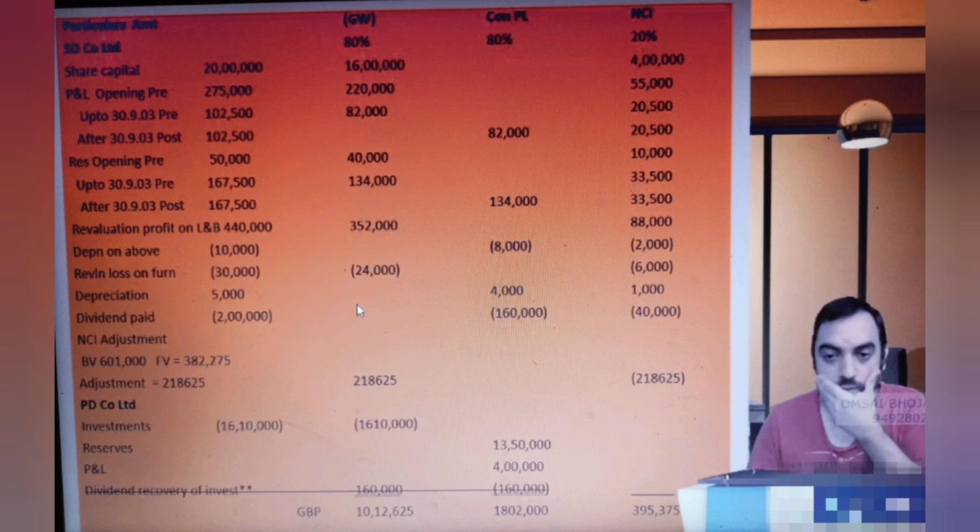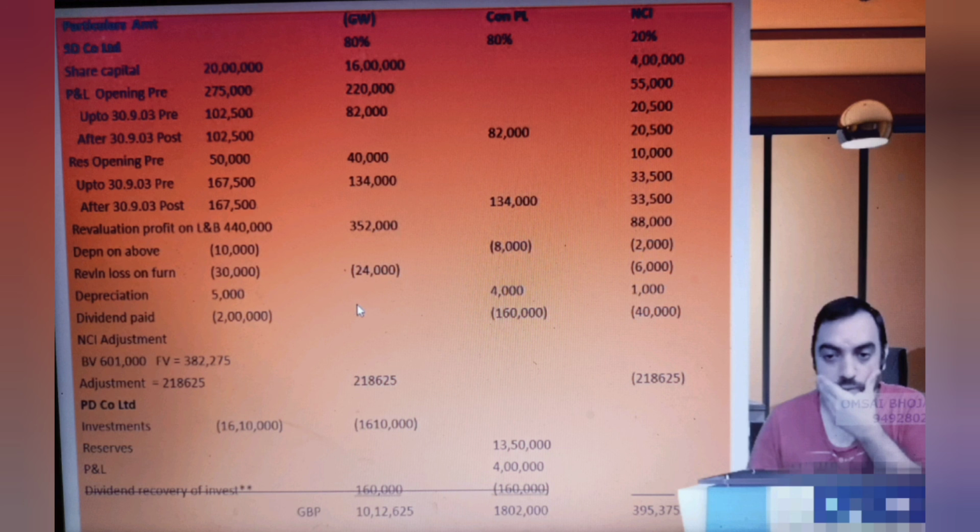Please write down the dividends, then we'll do NCI together. Okay, let's do the NCI adjustment separately.